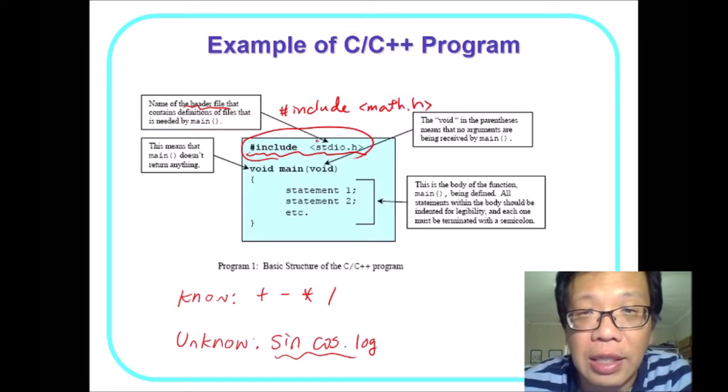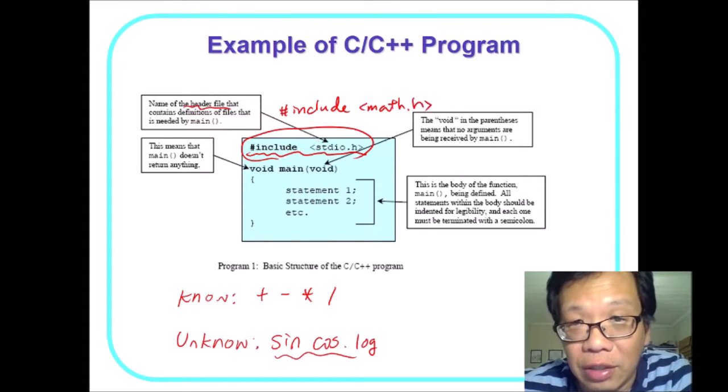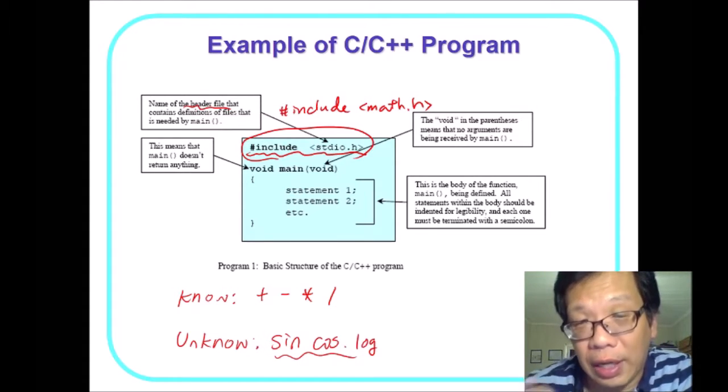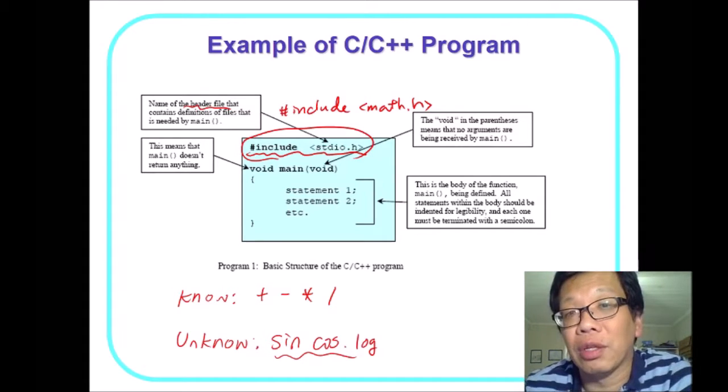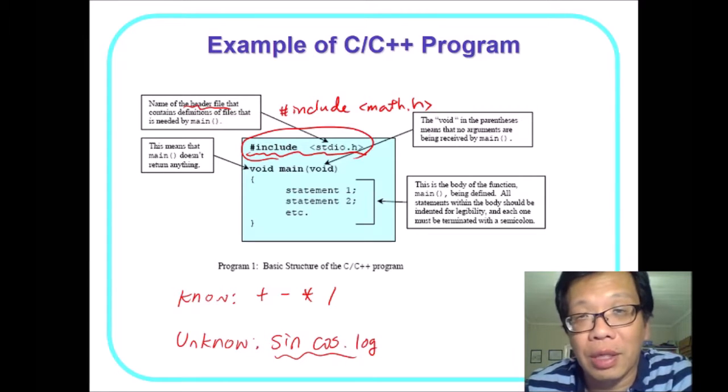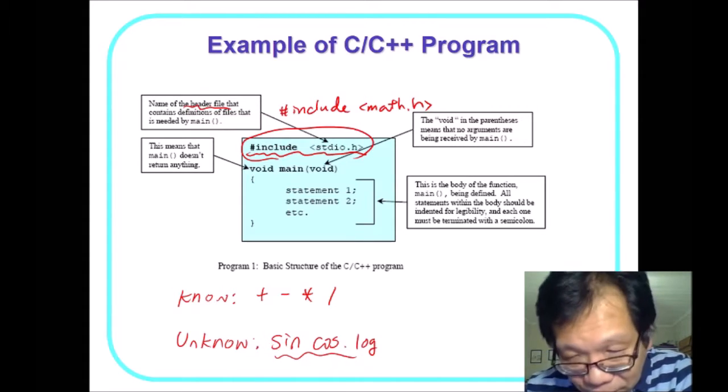The stdio over here is the standard input output header file. So this is a must. If we are dealing with engineering applications, normally we need to include the math header file as well.